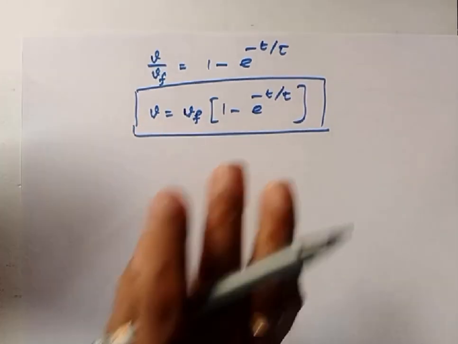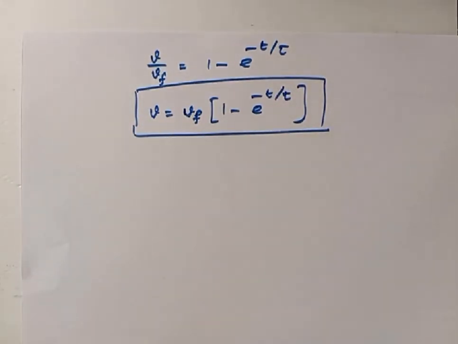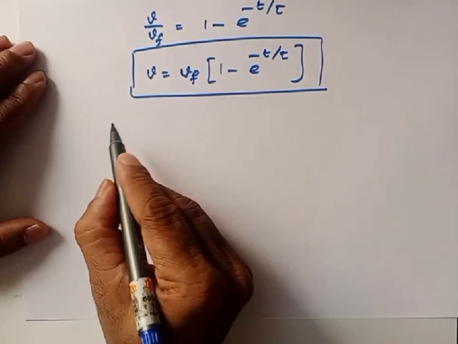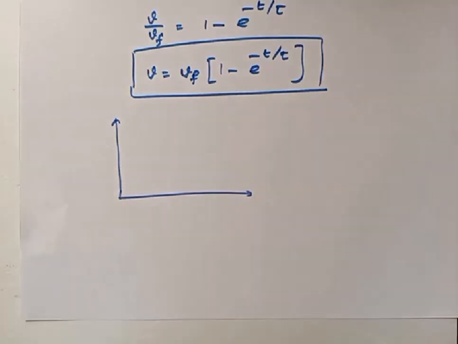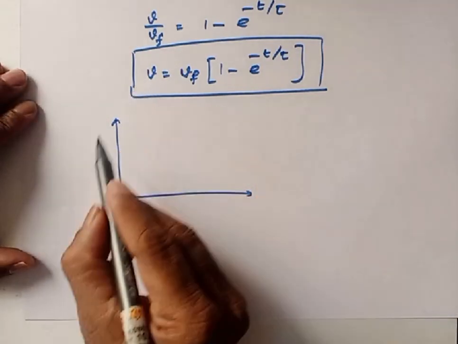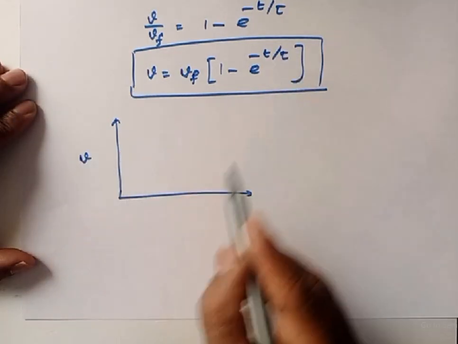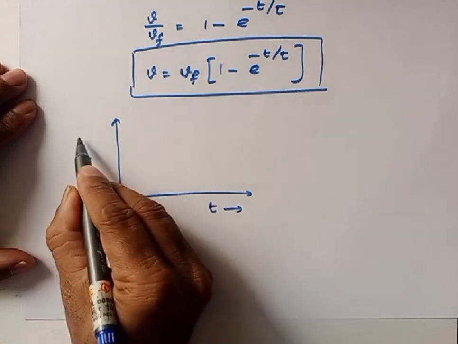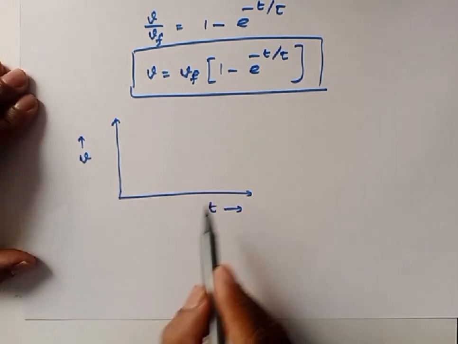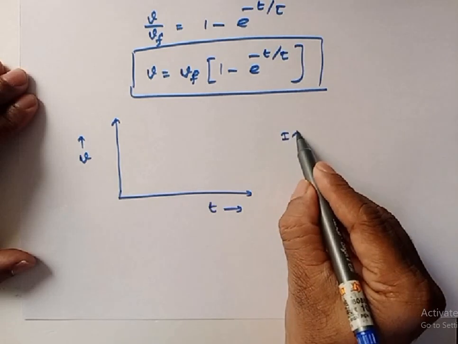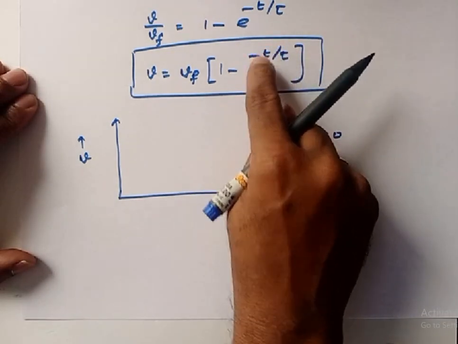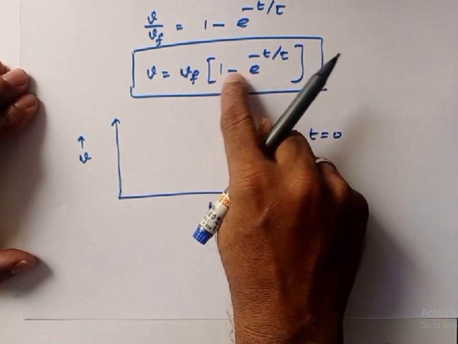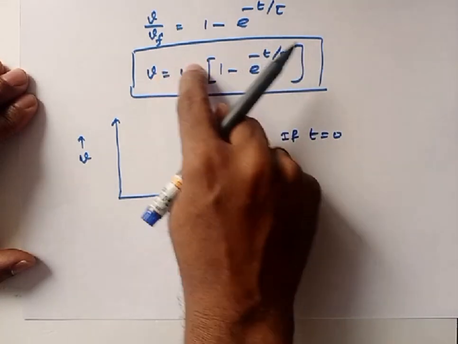This is the average velocity of the electron in the presence of the electric field epsilon. Clear? Now if I plot V versus time, observe carefully. If time t is 0, then e power 0 becomes 1. 1 minus 1 becomes 0. Therefore the entire term becomes 0.